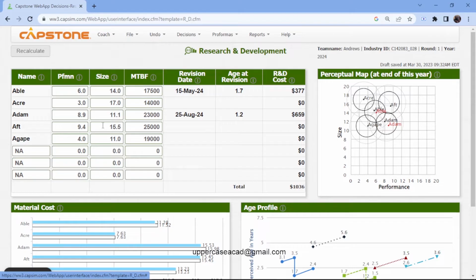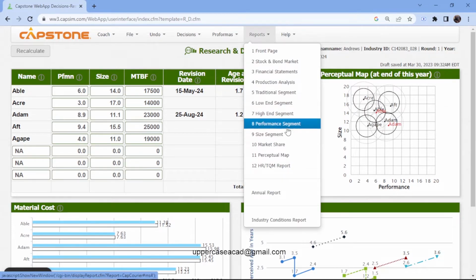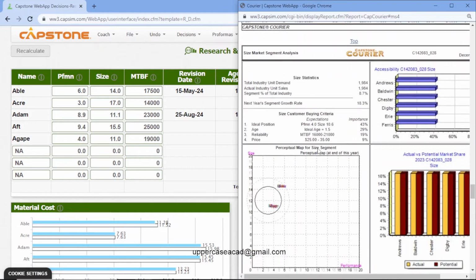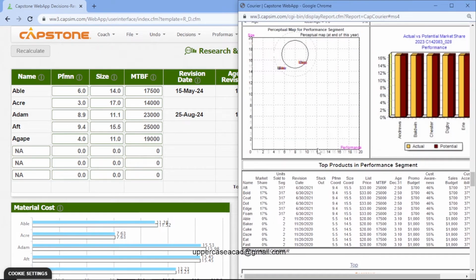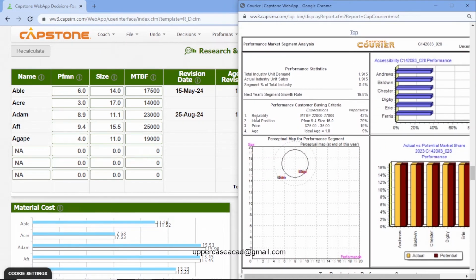Then the next product is Aft. Aft is in the performance market segment. So I'll come and look at Aft. Here, reliability has an importance of 43%, ideal positioning 29%, price 19%, and age has an importance of 9%.